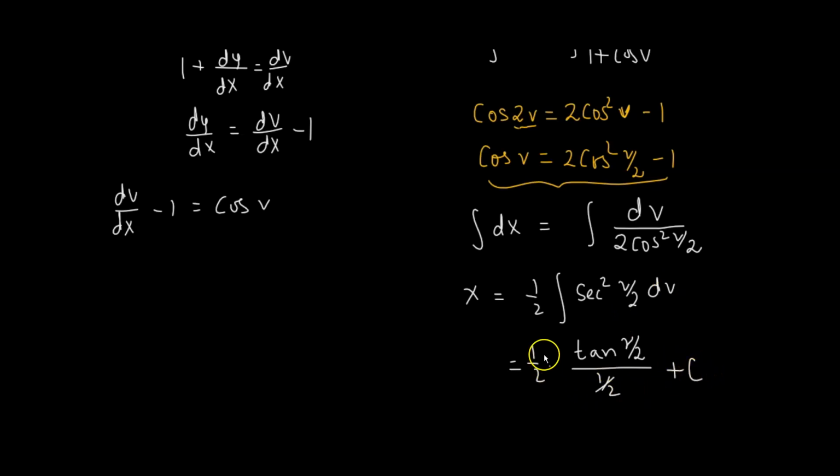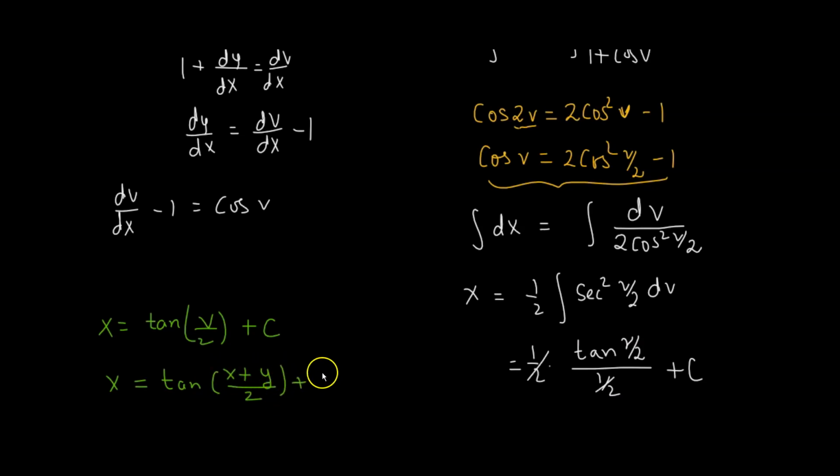So the half and half get cancelled, and we get x equals tangent of v over 2 plus the constant of integration c. We'll replace v with x plus y. That gives us x equals tangent of x plus y whole divided by 2 plus c, and this is the required solution to the given differential equation.